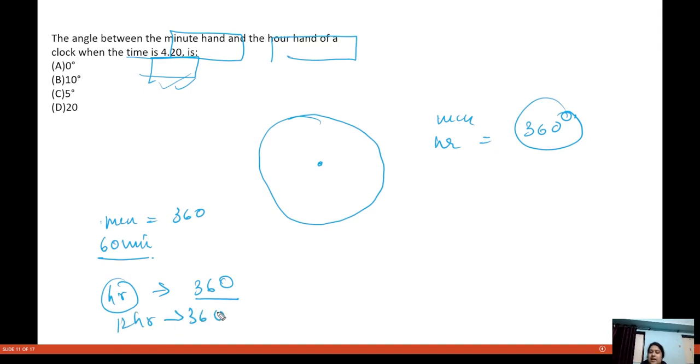So in 1 minute the minute hand is traveling 6 degrees, and in 1 hour the hour hand is traveling 30 degrees.